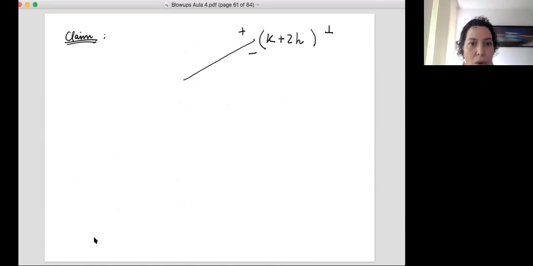Okay, now, for instance, this is a claim that some of these walls are the following. Look at the walls of the form defined by K plus 2H. The claim is that on the negative side of this hyperplane, the moduli space is empty.